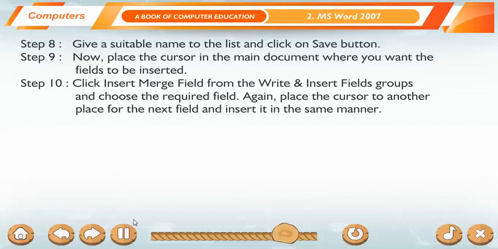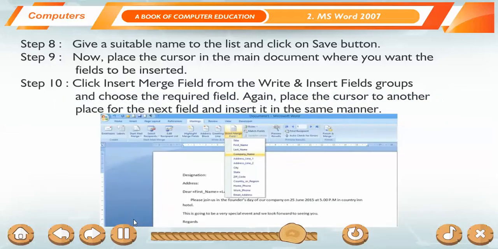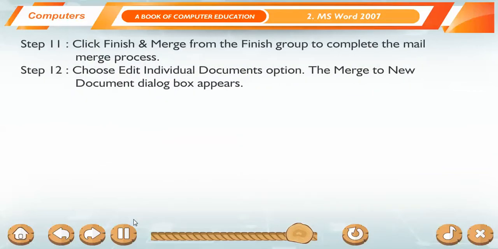Step 9. Now, place the cursor in the main document where you want the fields to be inserted. Step 10. Click Insert Merge Field from the Write and Insert Fields group and choose the required field. Again, place the cursor at another place for the next field and insert it in the same manner. Step 11.